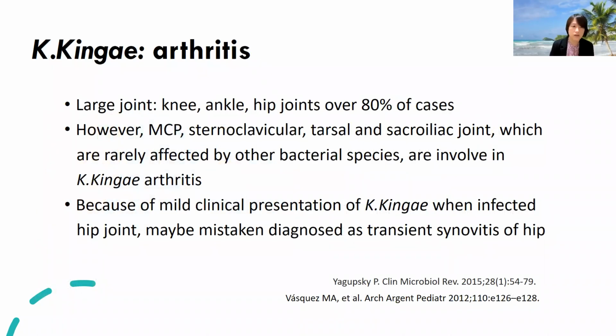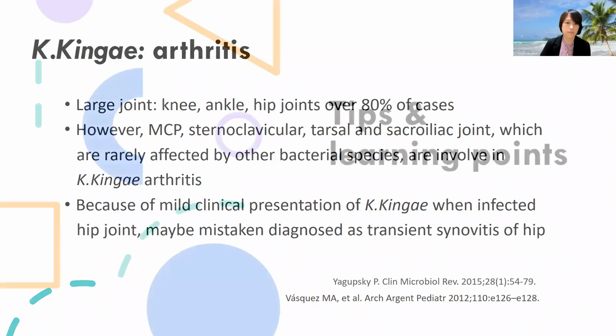Kingella kingae arthritis usually affects the large joints, including knee, ankle, and hip joint, in over 80% of cases. However, it can be found in other joints as well, for example the sacroiliac joint, like this case. Because of its clinical presentation, when it infects the hip joint, some people might misdiagnose it as transient synovitis of the hip.